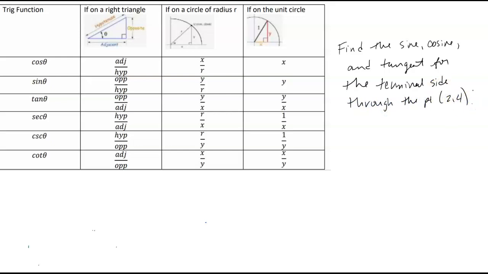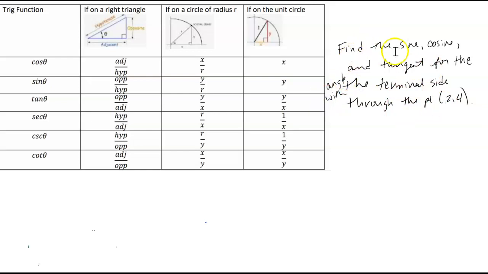And it would probably actually say find the sine, cosine, and tangent for the angle with the terminal side. That's probably better English. For the angle with the terminal side through the point 2, 4.